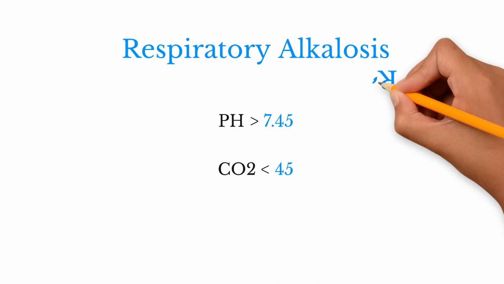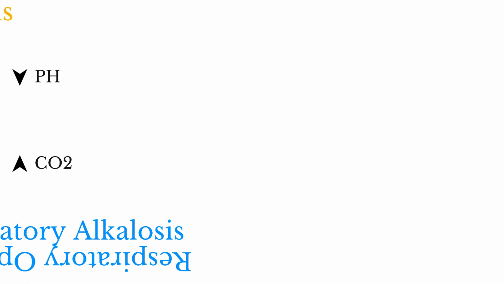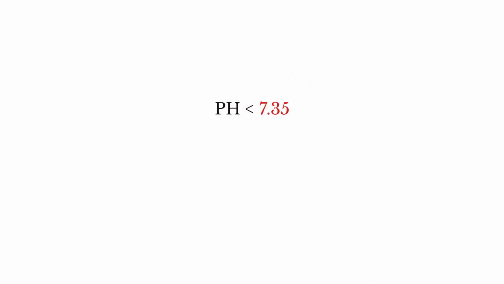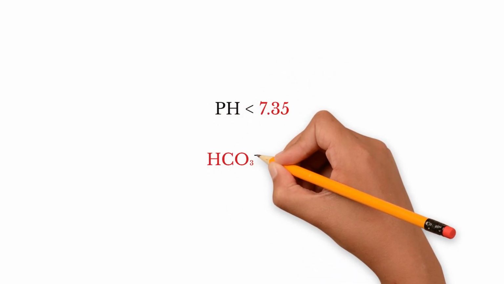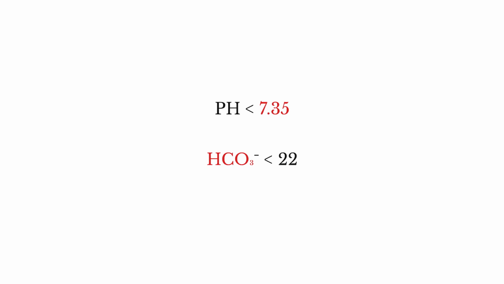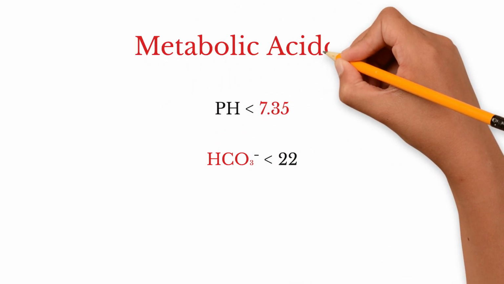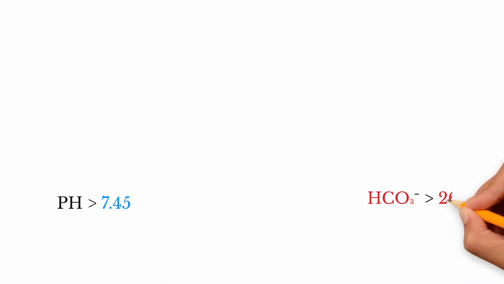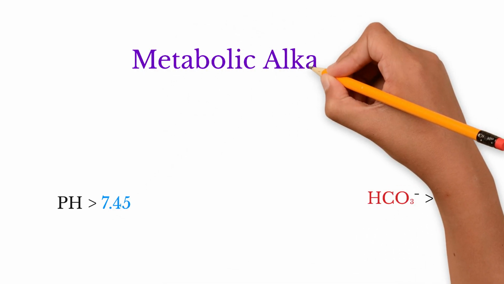Remember, respiratory opposite. If the pH is less than 7.35 and the bicarb is less than 22, we have metabolic acidosis. But if the pH is greater than 7.45 and the bicarb is greater than 26, then we have metabolic alkalosis.